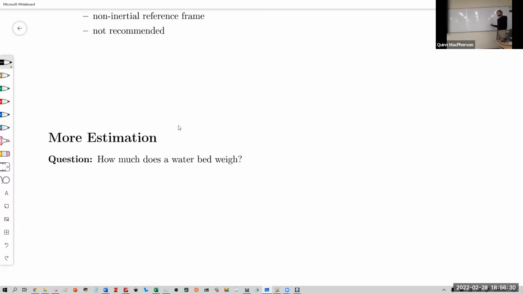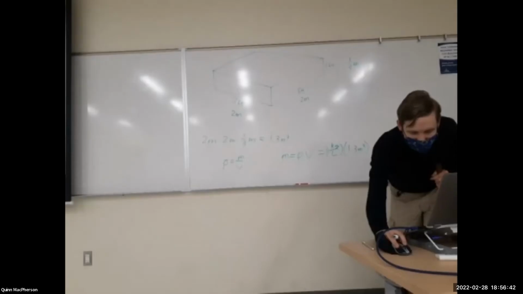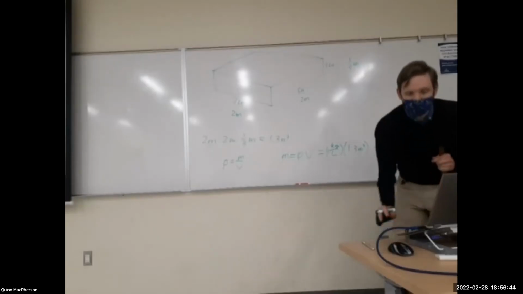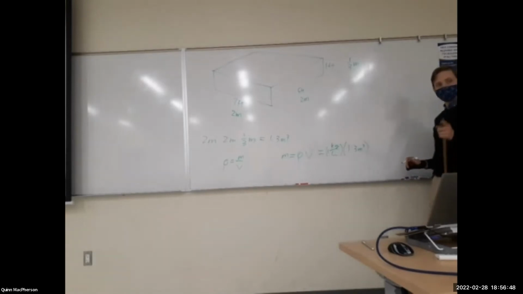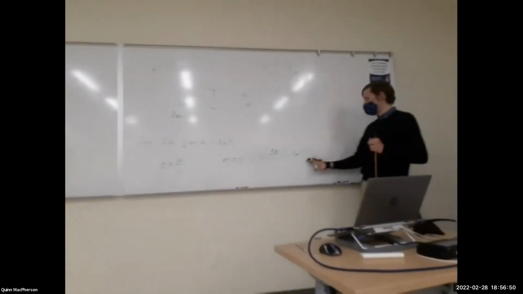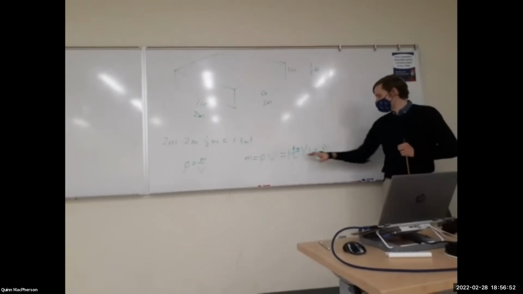I like kilogram per liter. So 1 kilogram per liter, and our volume is 1.3 meters cubed. I have to get liters to cancel with cubic meters. How many liters are in a cubic meter?